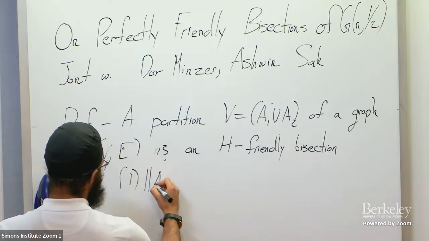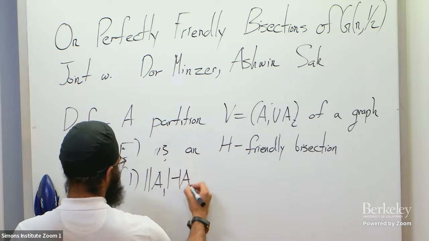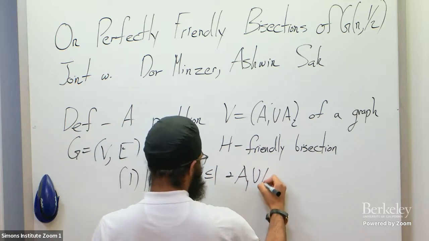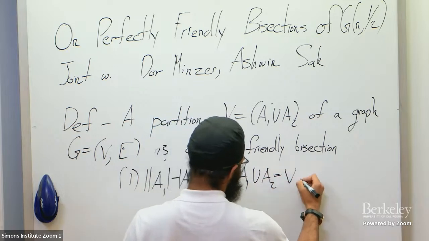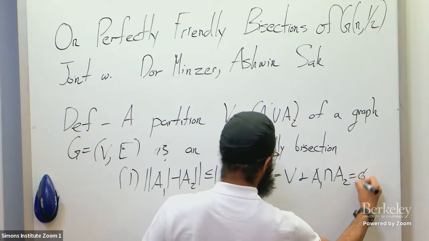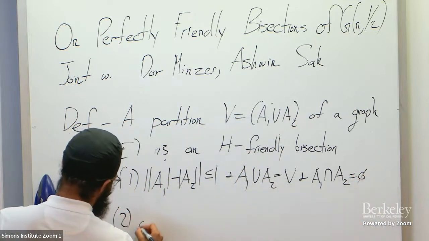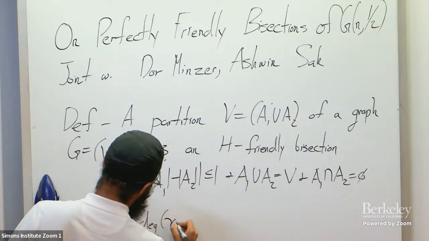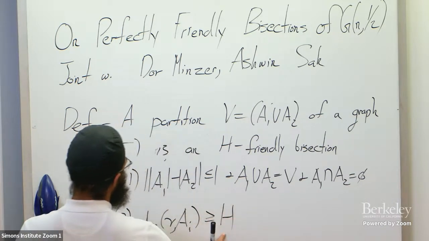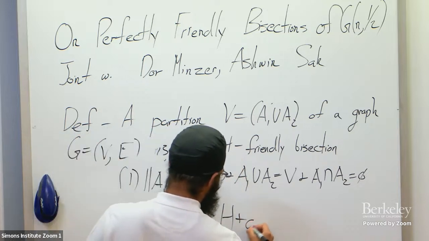By this, I just mean the part sizes are as close as they can possibly be, the union is everything and the intersection is nothing. And two, you have the property that every vertex v has more neighbors in its own part than in the other part, and H more neighbors, where H is the same here.